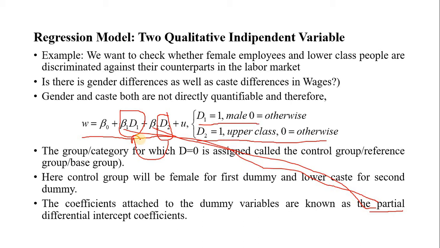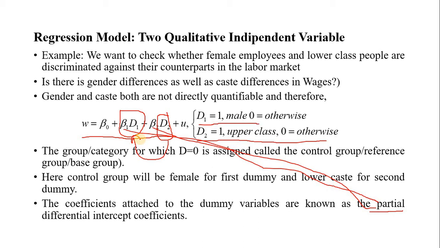It means that when I say there are gender differences, I am assuming that there are no caste differences. And when I say there are caste differences, I have to keep quiet about gender differences, so I have to say that there are no gender differences.